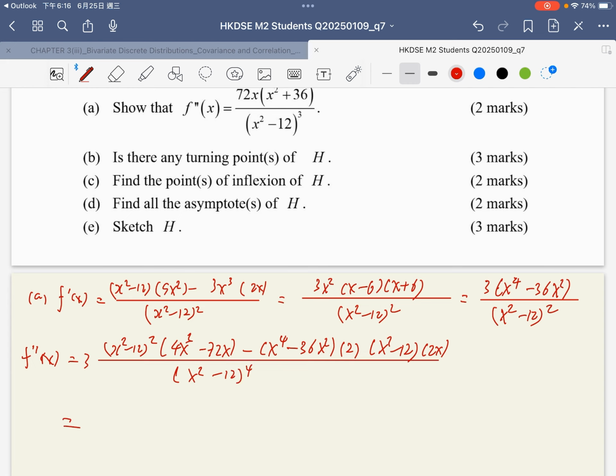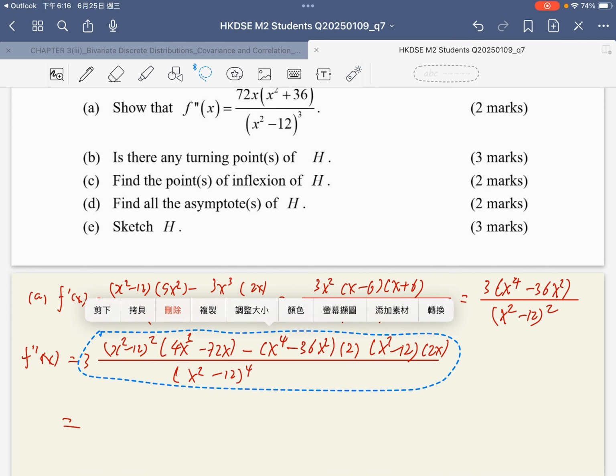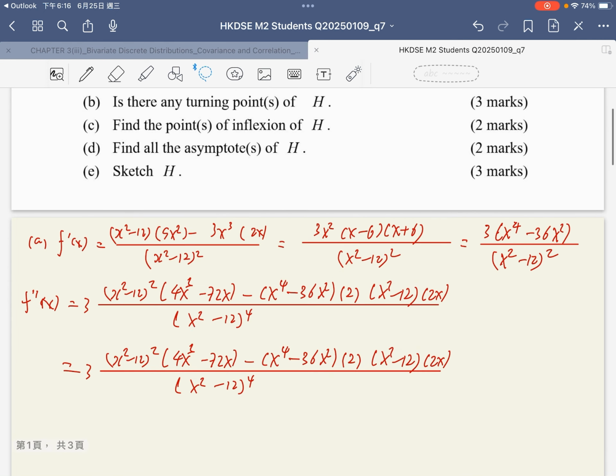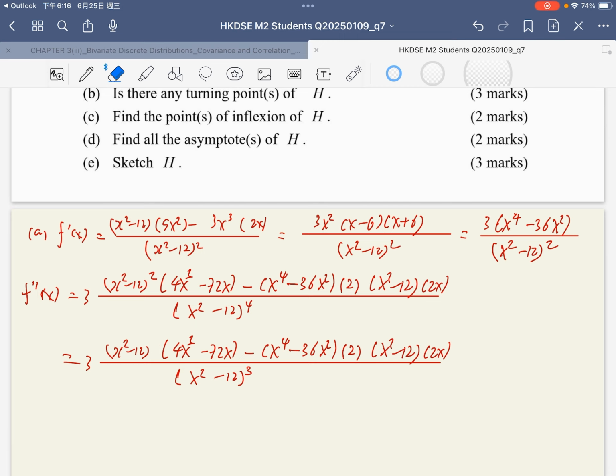Here we can cancel one factor of x squared minus 12, so the denominator is to the power 3, and this term is cancelled.